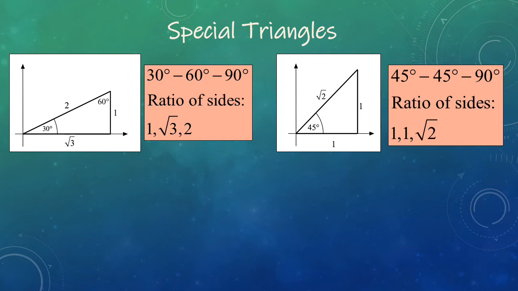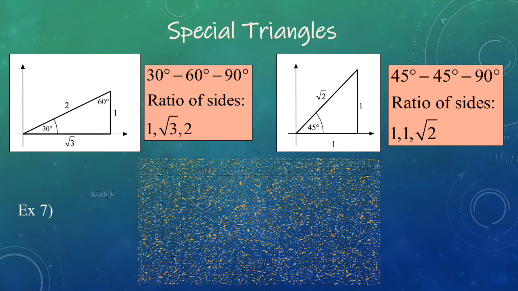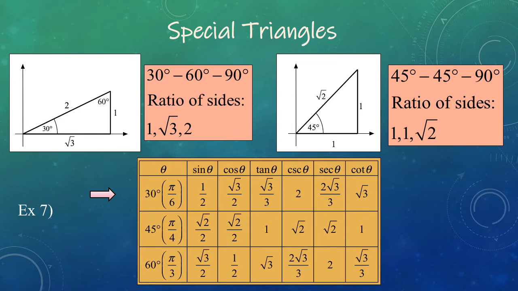So while we do not actually know the sides of a right triangle with theta equal to 30 degrees or pi over 6 radians, we do know the ratio of sides, and that will allow us to find the trig functions. So the sine of 30 degrees or pi over 6 is 1/2, while the cosine of 30 degrees is square root of 3 over 2.